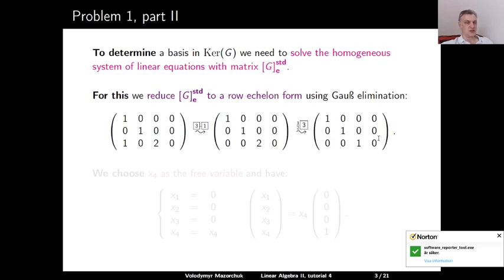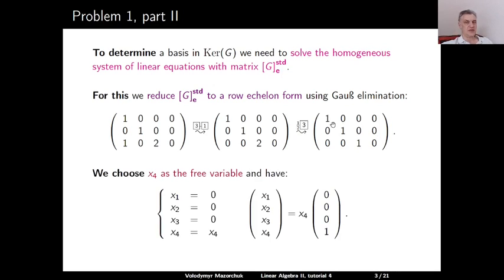So this is a row echelon form, and we can now write down the solution to our system of linear equations. Our leading elements are in columns 1, 2, and 3, so we use x4 as a free variable, and using our row echelon form we can express all other unknowns via x4.